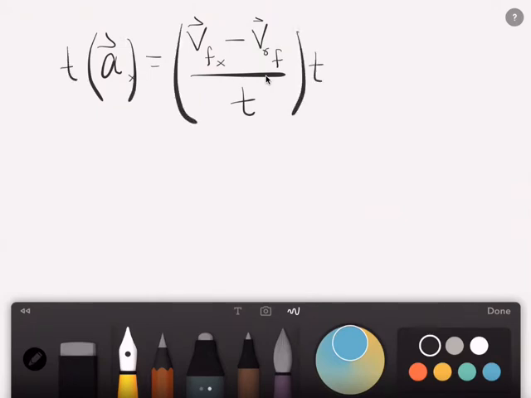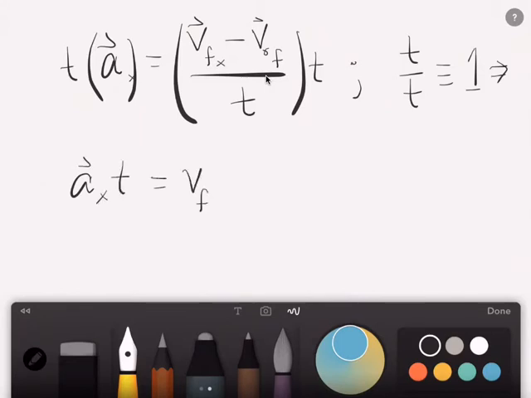And what do we end up with? Well, since t over t is identical to 1, this implies that we can write a sub x times t equals vfx minus v initial x.